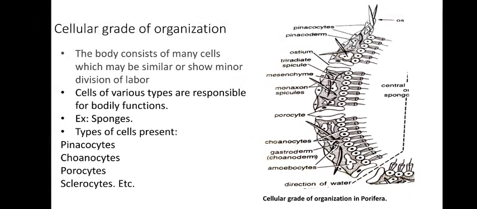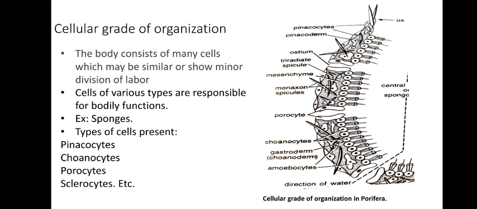So that means there are different types of cells and each type of cell has its own function. So there is some level of division of labor, but they won't be aggregated to form a coordinating function like in case of tissue. They have not evolved to become tissue, but are independent cells performing independent work.